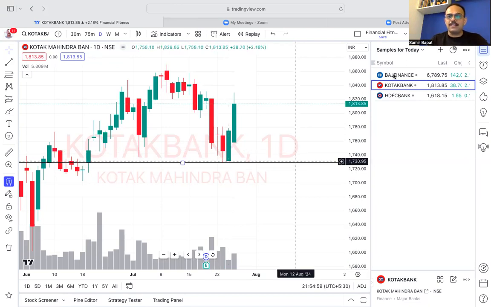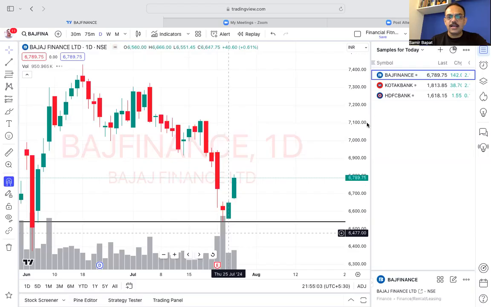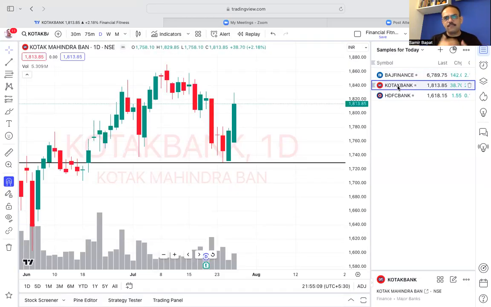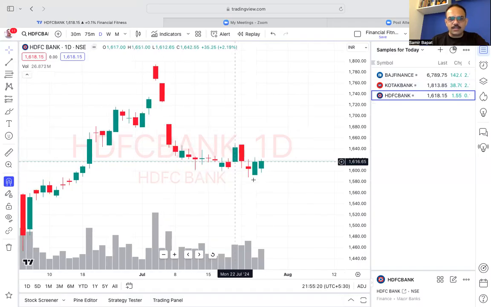So comparison between Bajaj Finance and Kotak, as of now, who is the winner? For Bajaj Finance type B, for Kotak type K. So it looks like B is quite decent, right? Now HDFC Bank, if you see HDFC Bank also, there was a downturn and there was a volume.